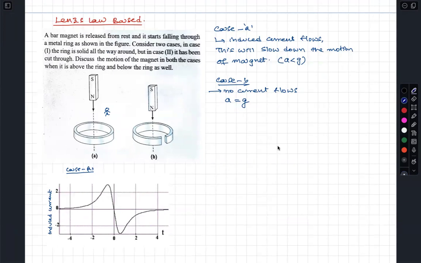Whereas in case B, there is no current. In that case, the magnet goes down with an acceleration equal to the acceleration due to gravity. Whereas in the first case, it will not go like that. Rather, it will go with an acceleration lesser than the acceleration due to gravity. It's a simple Lenz's law based theory question.